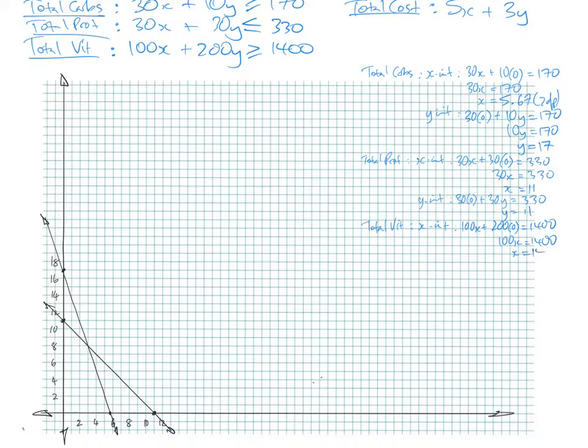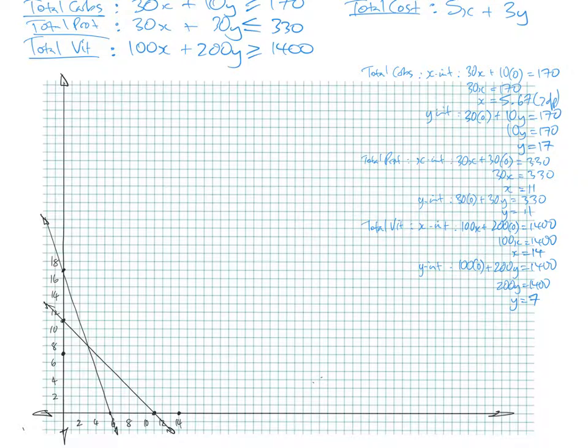X is equal to 14. Y-intercept, 100 lots of 0 plus 200y is equal to 1400. 200y is equal to 1400. Y is equal to 7. So our other constraint here is y is equal to 7, x is equal to 14.